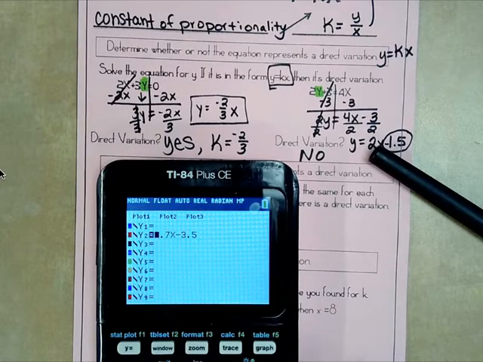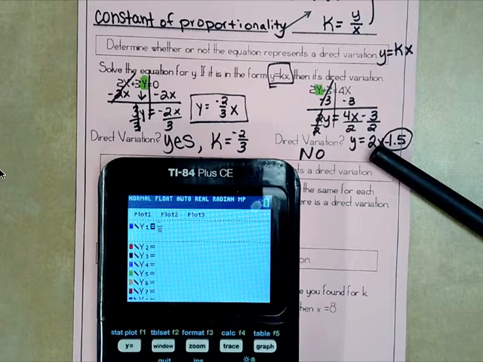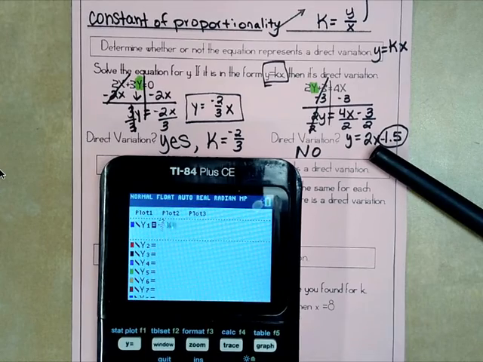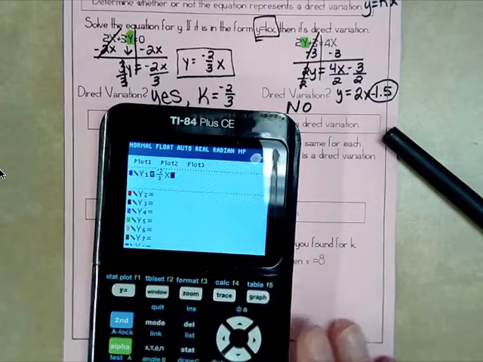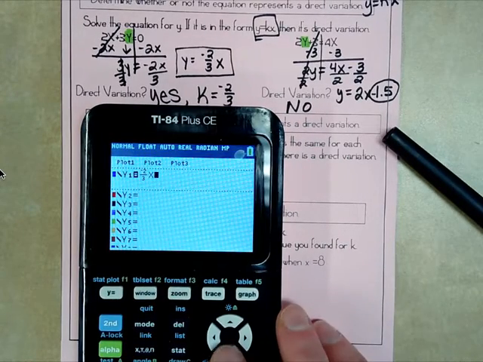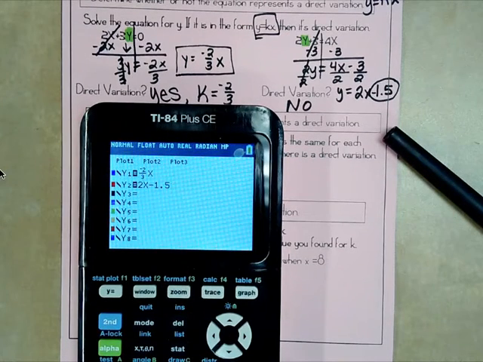Go to y equals, plug it in. You gotta plug in the one thing. Y equals negative 2/3 x. And then the other one is just 2x minus 1.5.